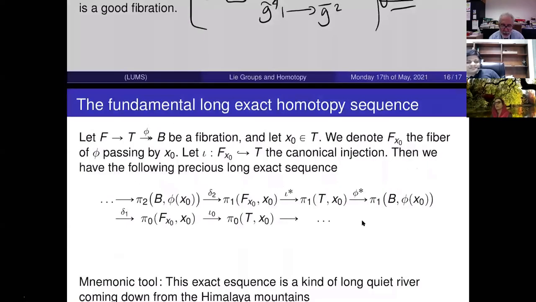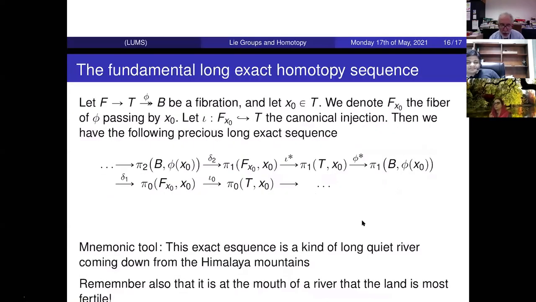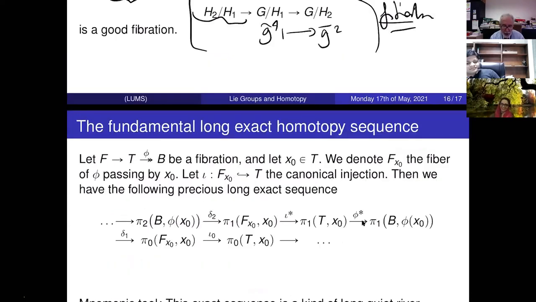Why are these fibrations called nice? Because we can write for a fibration a long exact homotopy sequence. So let me tell you again. Here you have the fiber, here you have the total space, and here you have the base space, and you have the fibration phi.